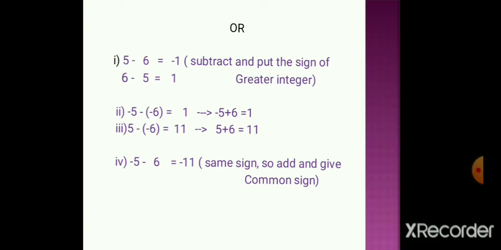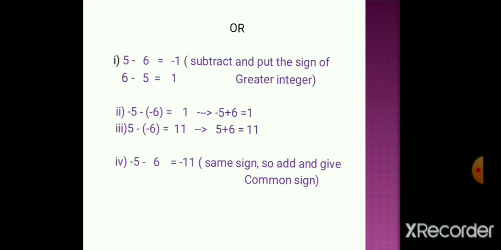So here, minus 5 minus 6, two negatives come close by, so you write that as positive. You can write it as minus 5 plus 6. Then different signs, so you have to subtract and give the sign of the greater number. Subtracting, you get 1, and the greater number is 6, its sign is positive, so it is positive 1.